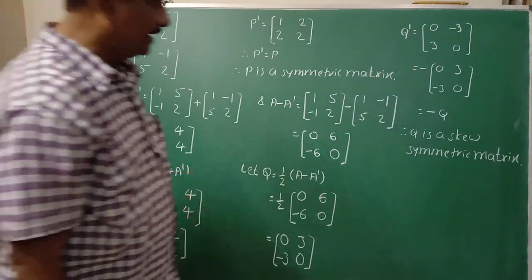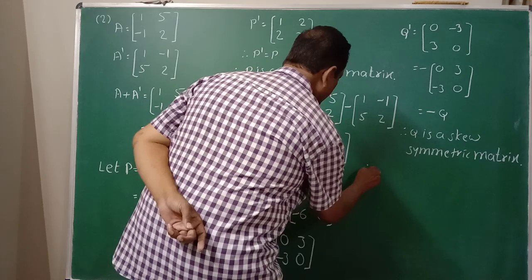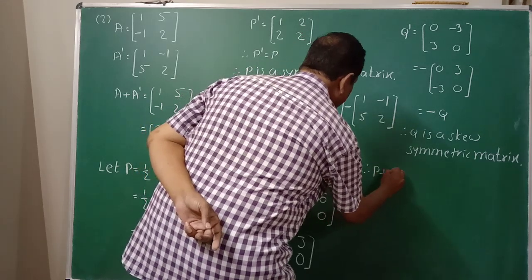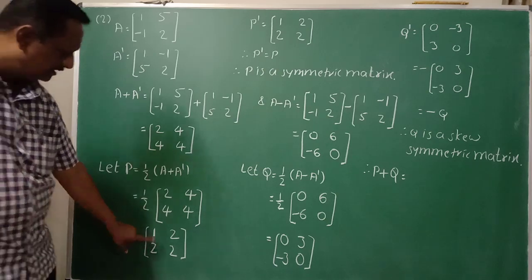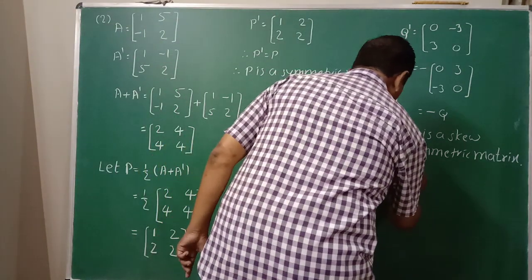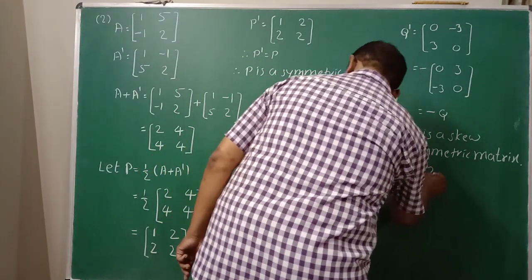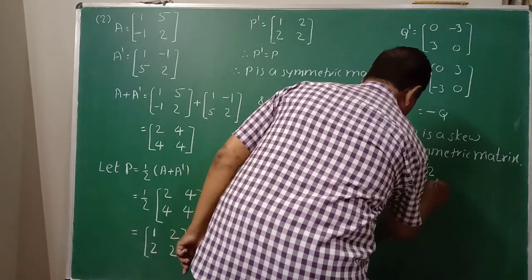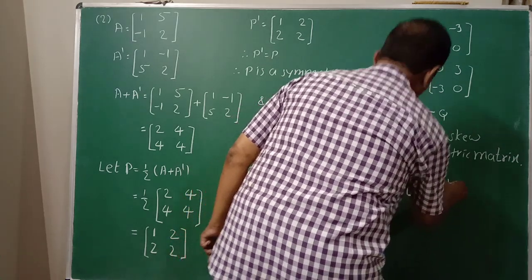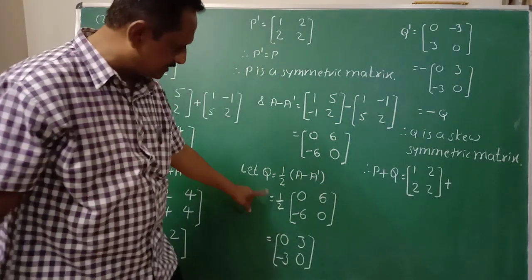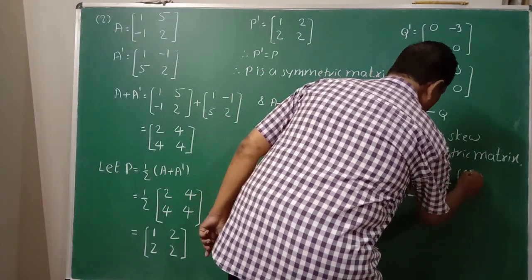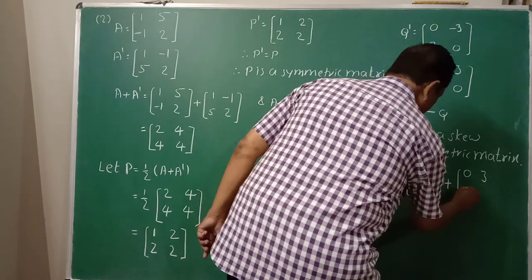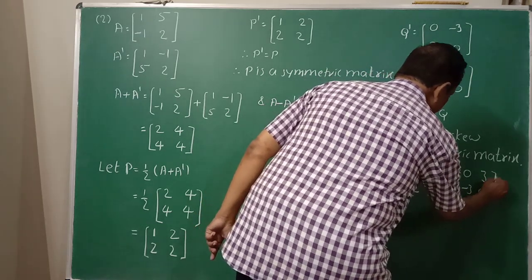Now adding up P and Q. Therefore P plus Q is equal to, okay, here P is this matrix: 1 2, then 2 2, plus Q is this matrix: 0 3, minus 3 0.